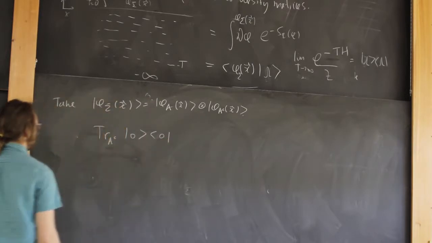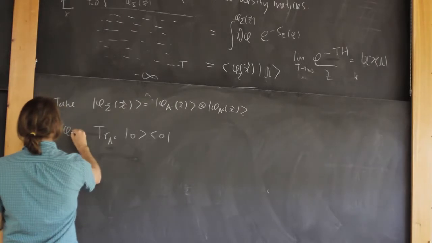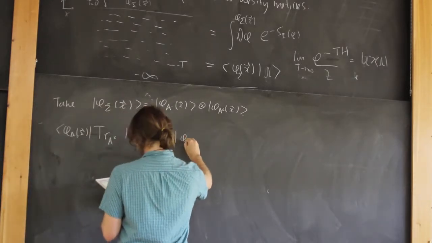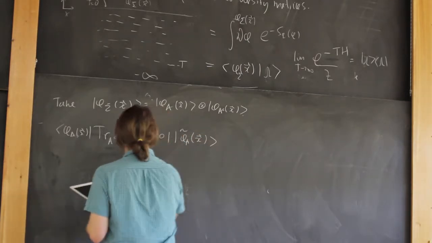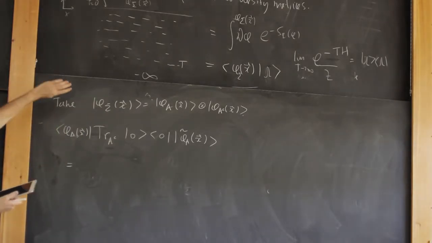So I want to trace over the complement, and then I want matrix elements phi_A of x and phi_A twiddle of x. Right?